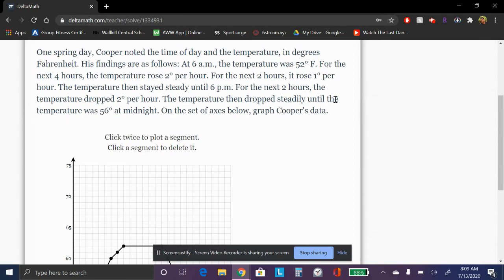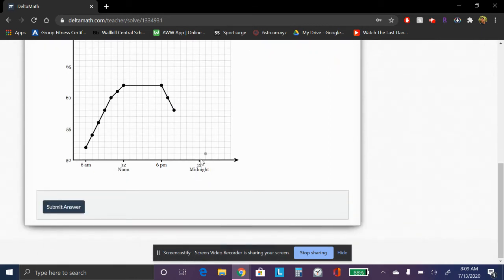Then it dropped steadily until it was 56 degrees at midnight. So at midnight, it was 56. So I think this is 55, 56. You click there, and then make a nice straight line connecting it.